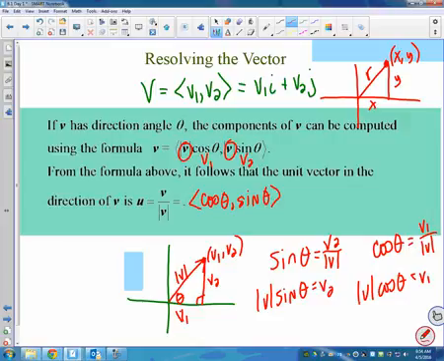But it's the same ratio. We know that sine of an angle is y over r, or in the unit circle, just y. You just have to change it to v1 and v2. So it's just v2 over your magnitude. You'll have to find the magnitude, yes, given a point.